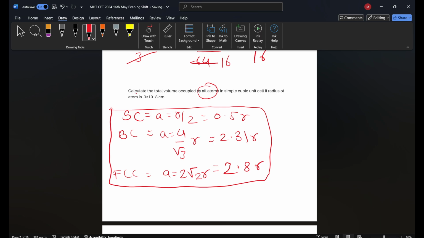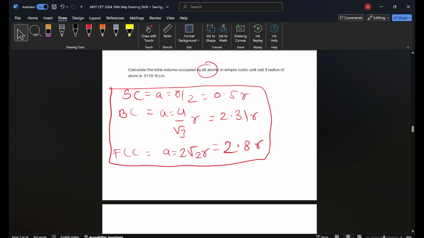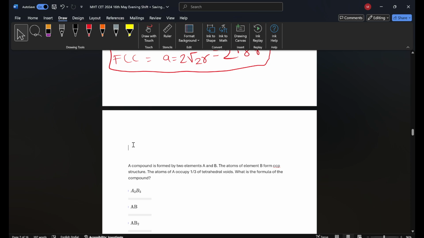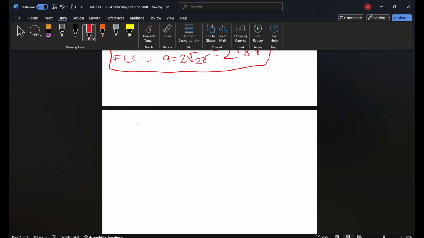The question is calculate the total volume occupied by all the atom in simple cubic if the radius is. So let's solve it. What they have given, radius they have given, right? So they have given us the radius. So atoms, is it simply 4 by 3 pi r cube? Is it that? Because radius is already given.